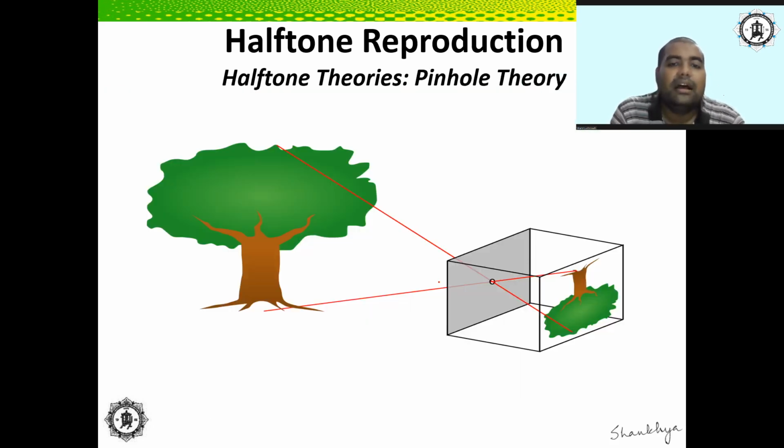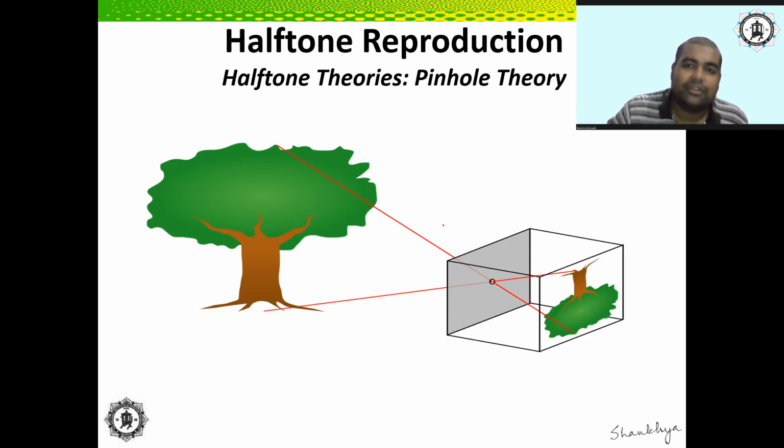Next, this is a schematic representation of a pinhole camera. You can create your own pinhole camera by taking a shoe box. You cover it all through with black art paper, and you put a hole on one end and place a film on the other end.